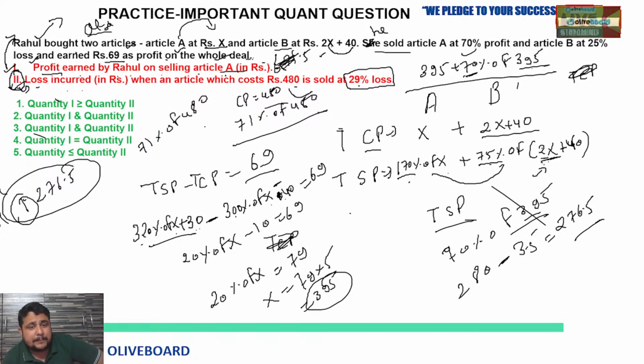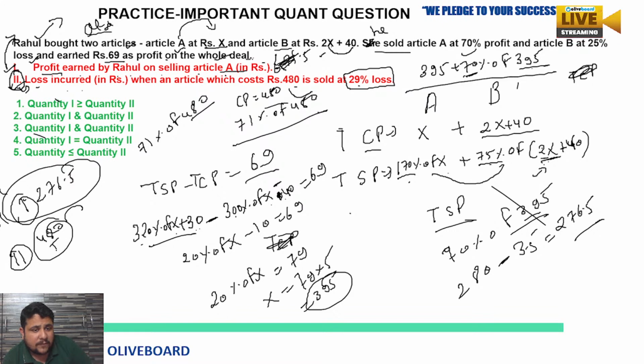So 70% of 480 is going to be what? 48 is 10%. Just multiply 7 with that, or you can go with the multiplication method also. That is also not an issue. So just see here how you will calculate in exam. 10% of 480 is 480 by 10, means 48.